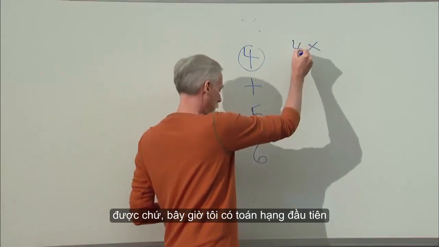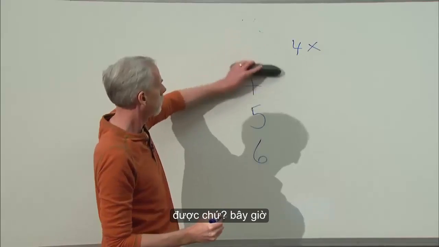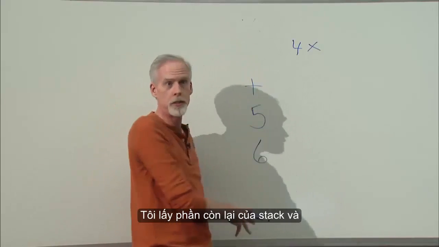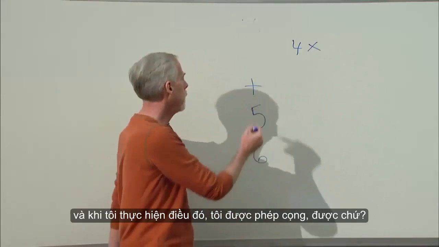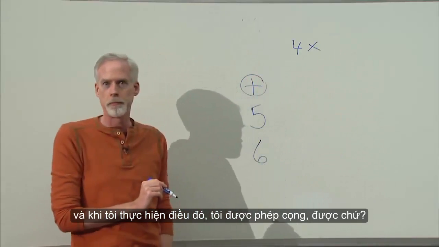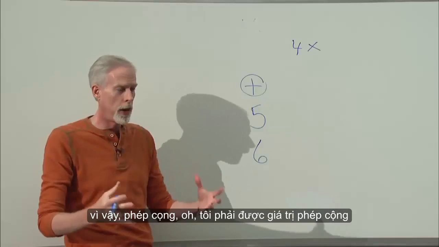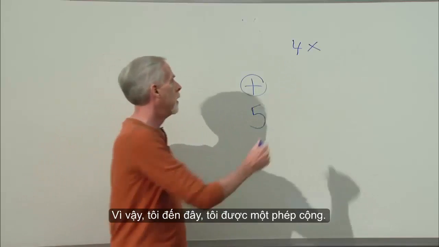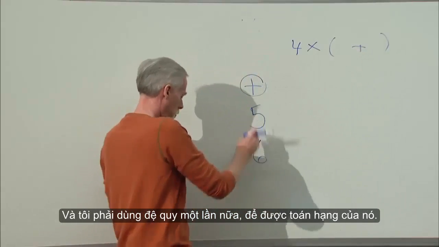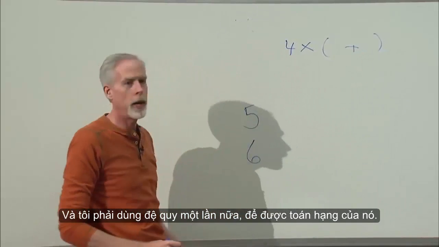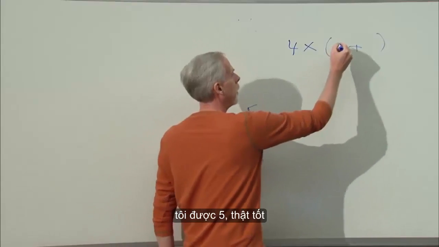So now I have my first operand. Now I take the rest of the stack and evaluate it to get the second one. And when I do that, I get plus. So plus says, oh, I have to evaluate plus. It needs operands. So I come over here, I'm getting a plus, and I have to go recursive again to get its operands. I get the 5. That's good.